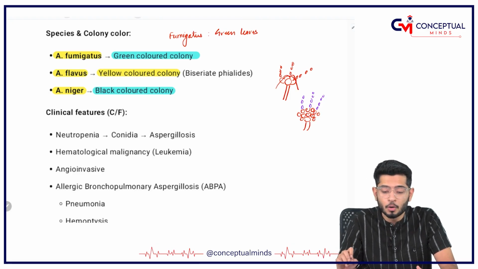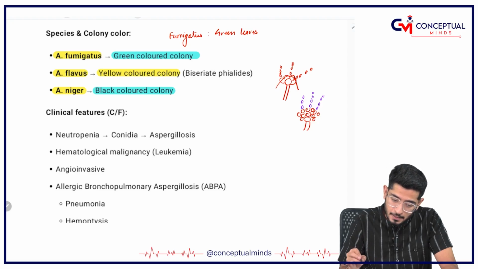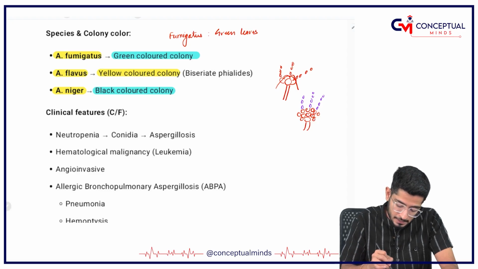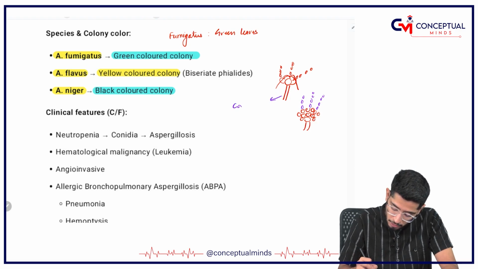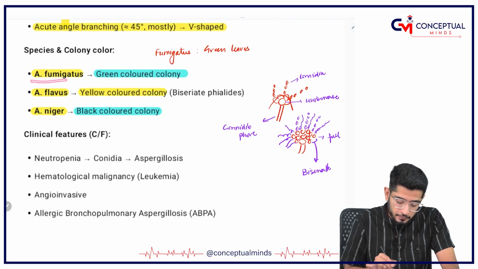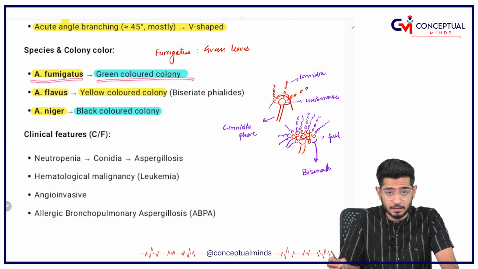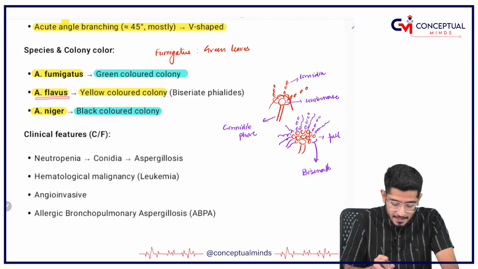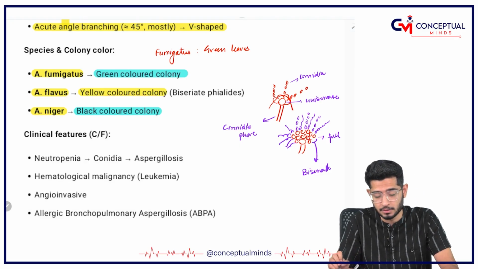Let me label the parts for you. This is called the conidiophore. As I was discussing, fumigatus has green colored colonies, flavus has yellow colored colonies, and niger has black colored colonies.